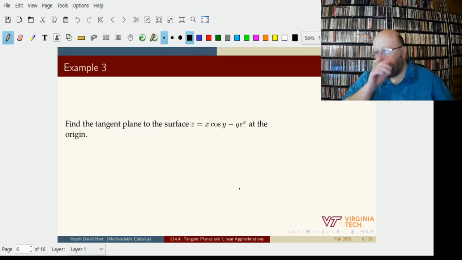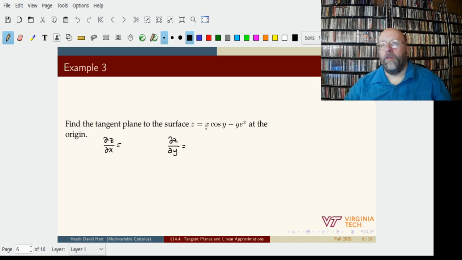All right. So let's try another example, a little harder example with a messier function. We're going to find the tangent plane to this surface at the origin. So we need to find the derivative of z with respect to x, and then the derivative of z with respect to y, these partial derivatives here.